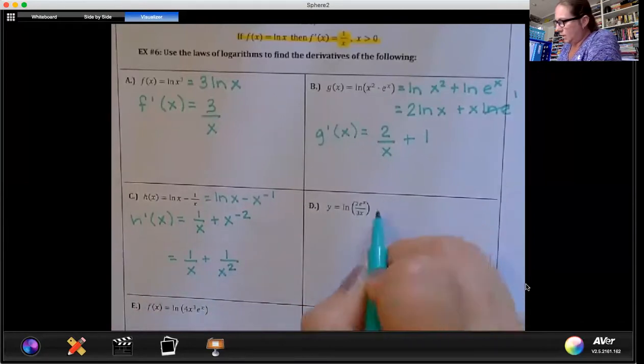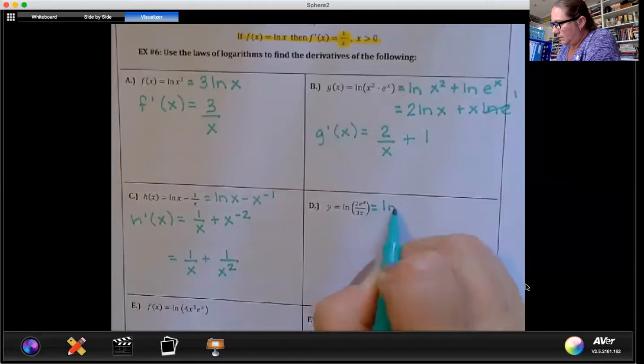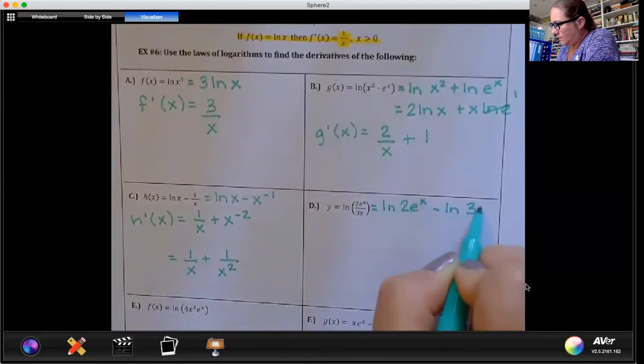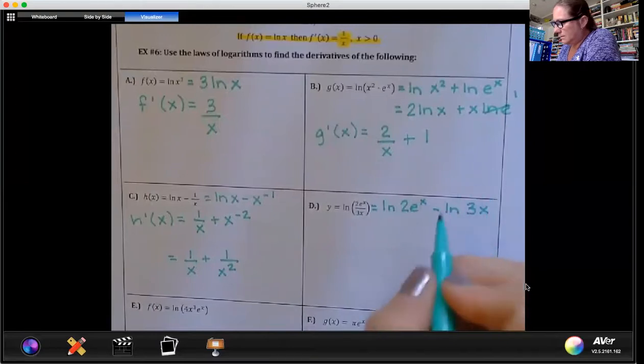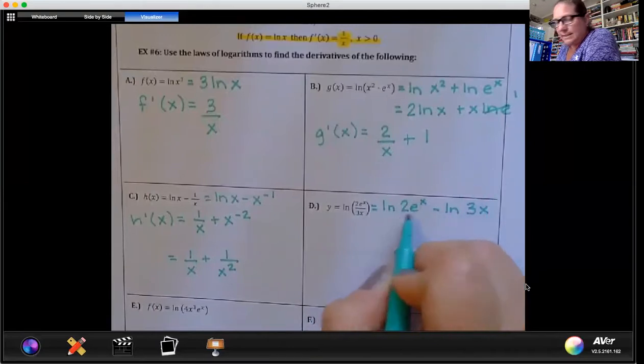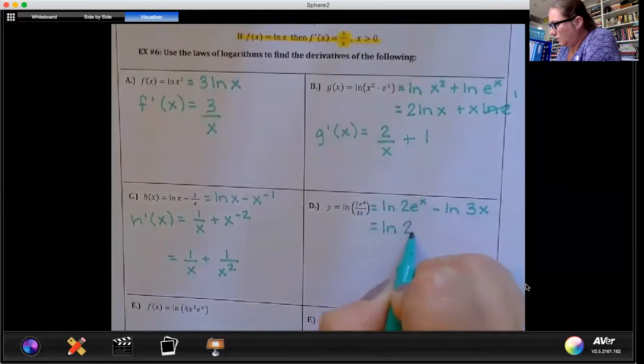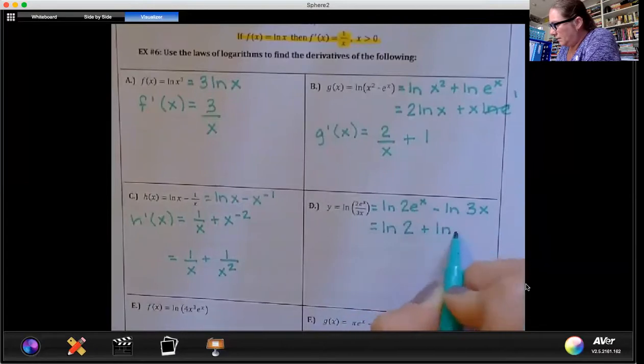Division implies subtraction. Ln of 2e to the x minus ln of 3x. So we're going to break this down as a 2 times e to the x. So addition, ln 2 plus ln e to the x.